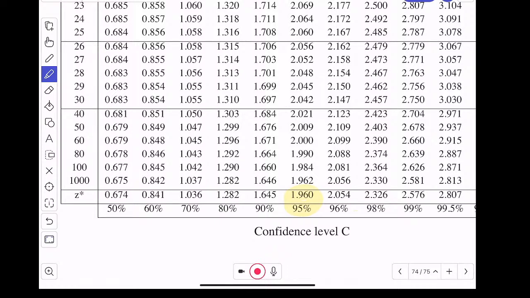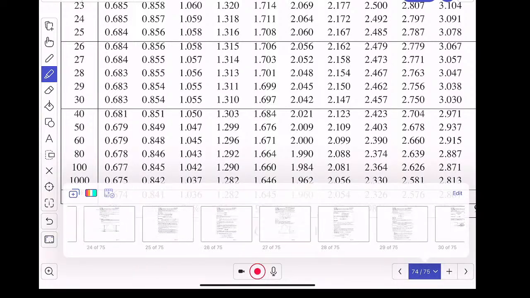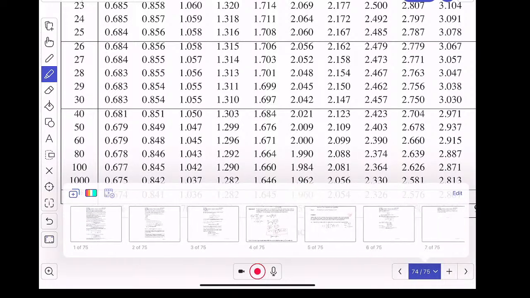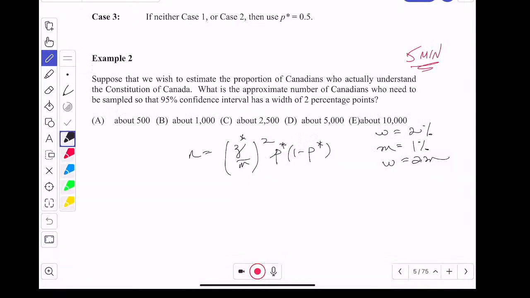So Z star is equal to 1.96. M is equal to 1%.